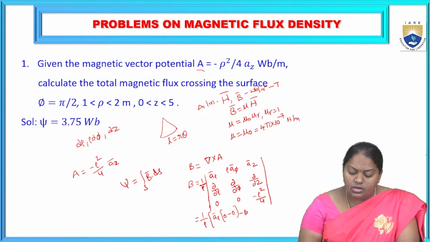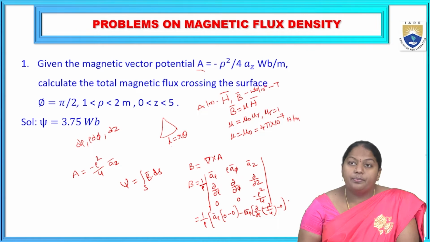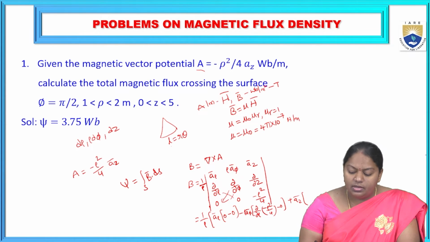Then minus rho into A phi into, and A rho into means in the second row, dou by dou rho of minus rho square by 4 is the first one, and the next one will be 0. Then plus A z into, so A rho and A z into, these two become 0, cross multiplication between 2. If you find the determinant, then this will be equal to 0.